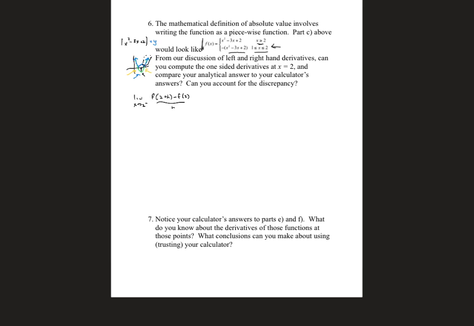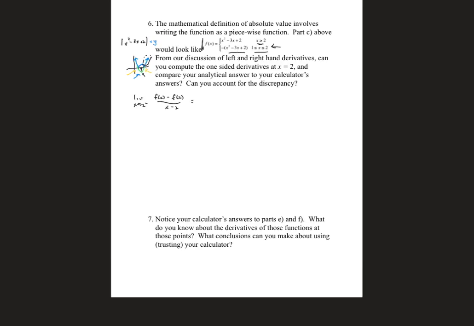Now to get the limit as x approaches 2 from the left, actually let's do it this way. We're going to do it using that alternative definition. So this one works particularly nice in this problem. So we're going to take the limit as x approaches 2 from the left of f of x minus f of 2 all over x minus 2. So this is our alternative definition of the derivative.